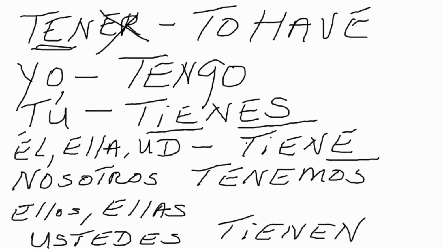Tiene, we drop the first E and we add IE. Tenemos remains the same because it forms a regular spelling in tener. However, when you get to ellos, ellas, and ustedes, here again, we drop the E and we add the IE. So we have yo tengo, tú tienes, él, ella, usted tiene, nosotros tenemos, ellos, ellas, ustedes tienen.